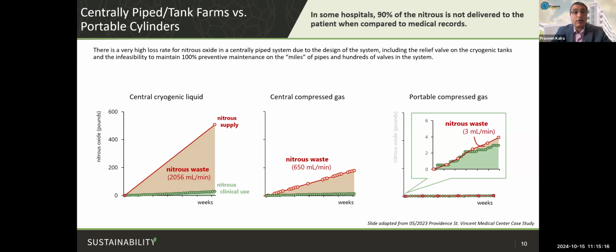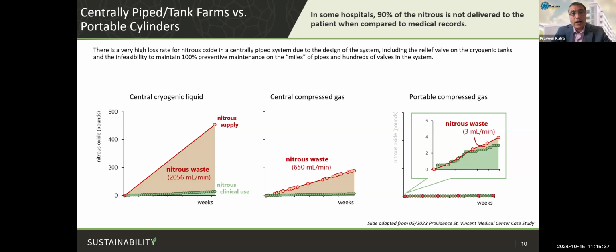Also, a normal evaporation rate of 0.8 to 3% is considered normal practice with cryogenic tank systems, meaning a tank can lose up to 0.8 to 3% of its nitrous oxide volume on a daily basis, and that is considered normal operation as part of our built-in safety mechanisms.